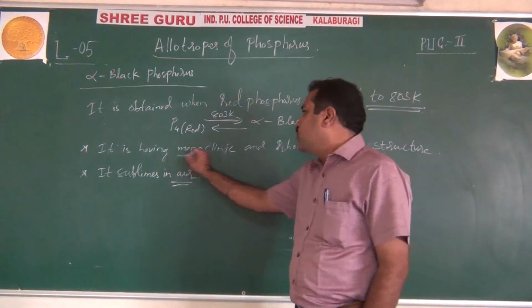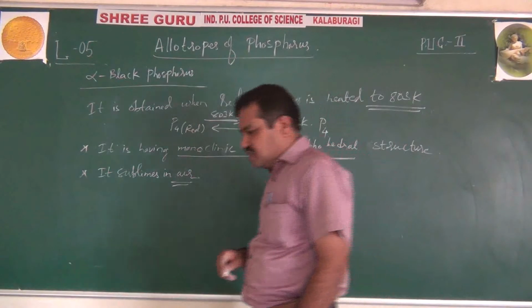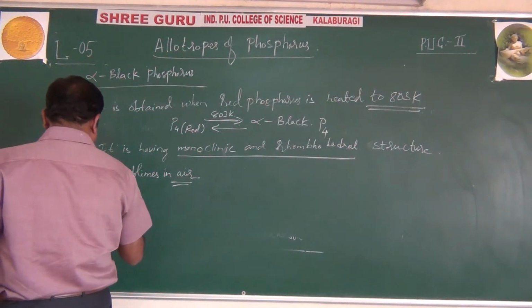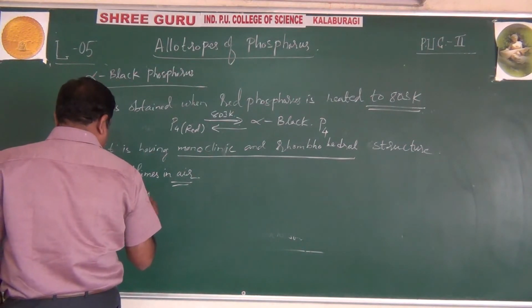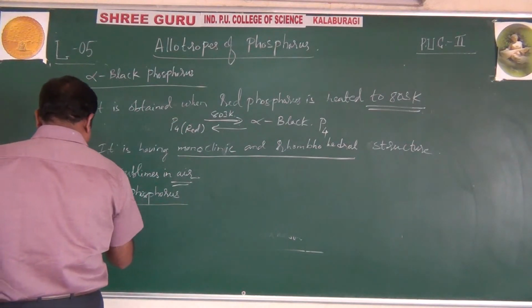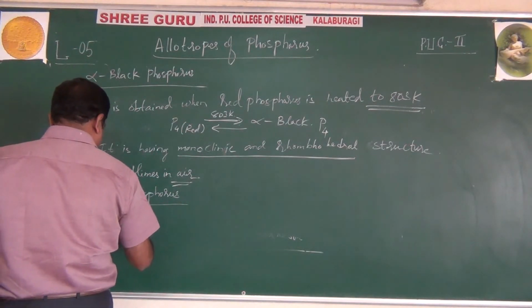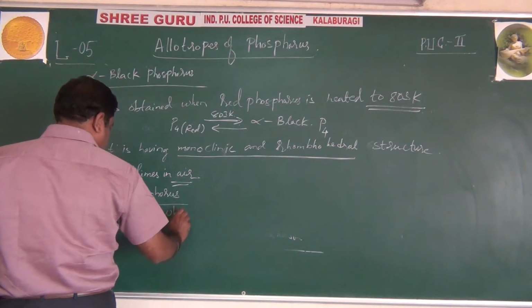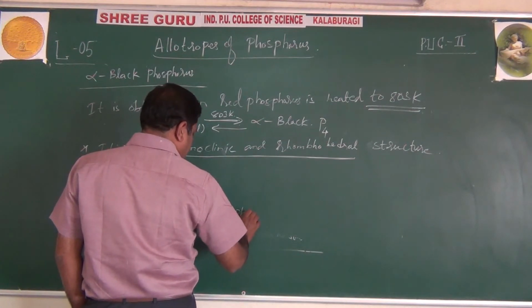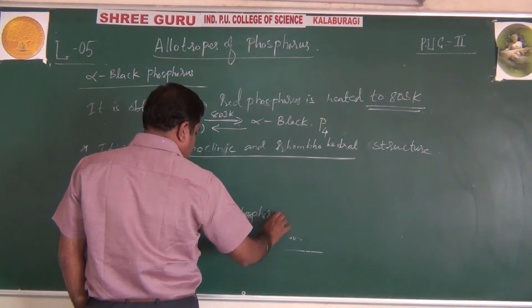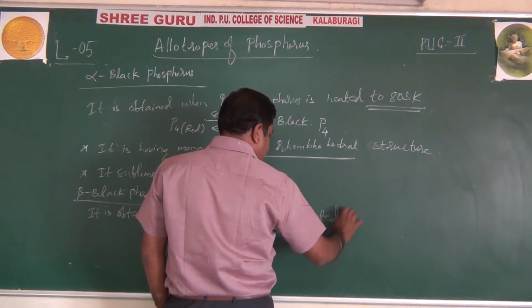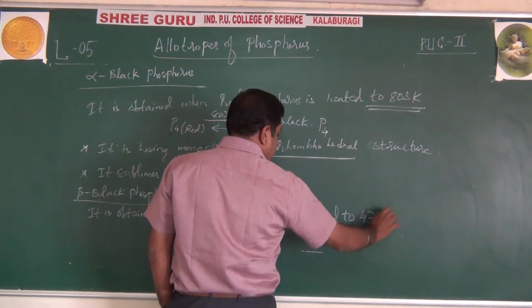Monoclinic and rhombohedral structural units, whereas beta black phosphorus is obtained when white phosphorus is heated to 473 Kelvin.